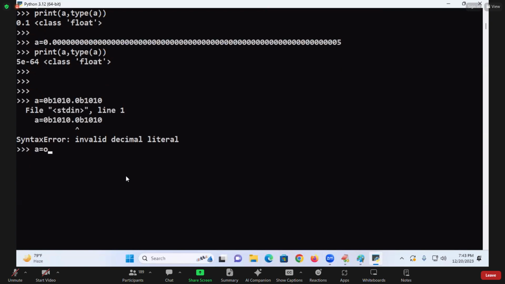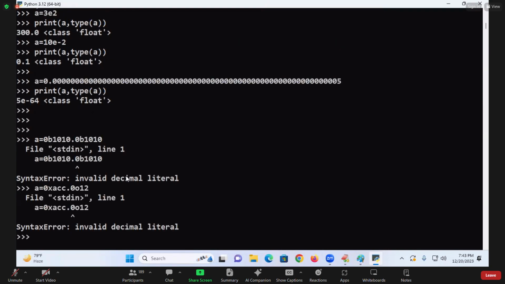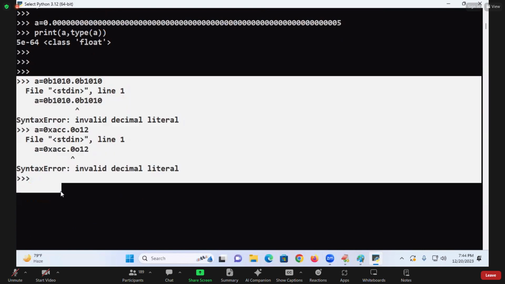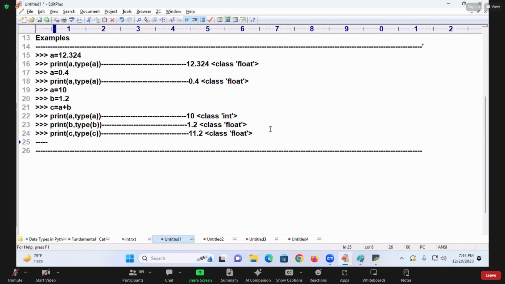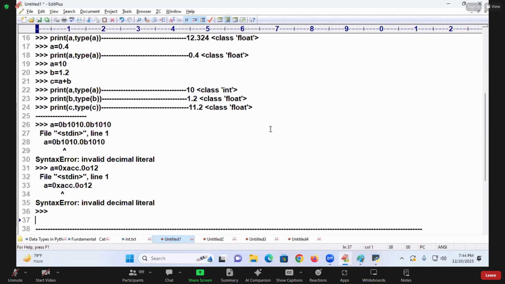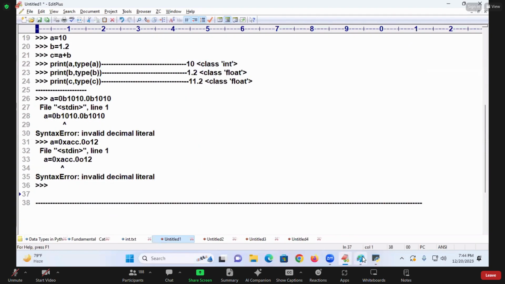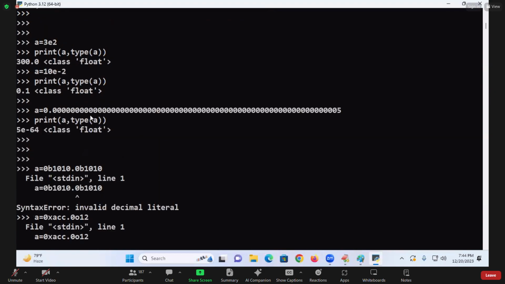A is equal to 0xacc dot 0o12 is also a syntax error. So this is also important to remember. I'm writing this point here, and I want to carry the above points also.